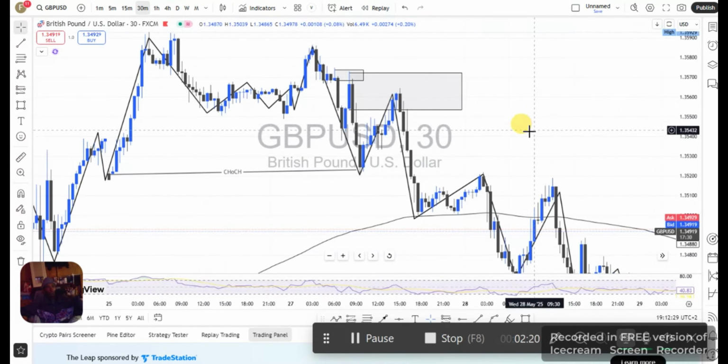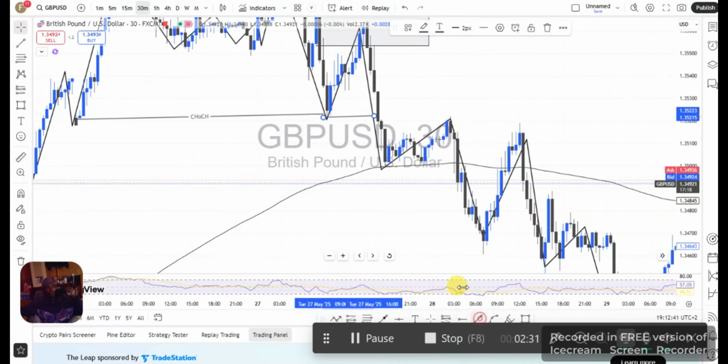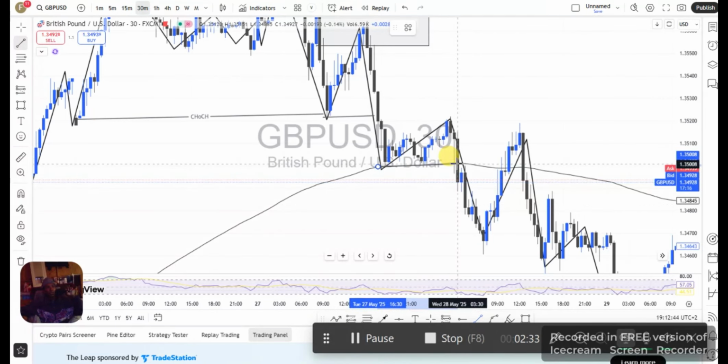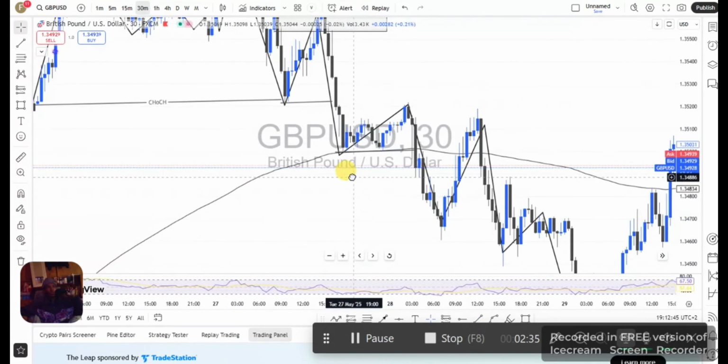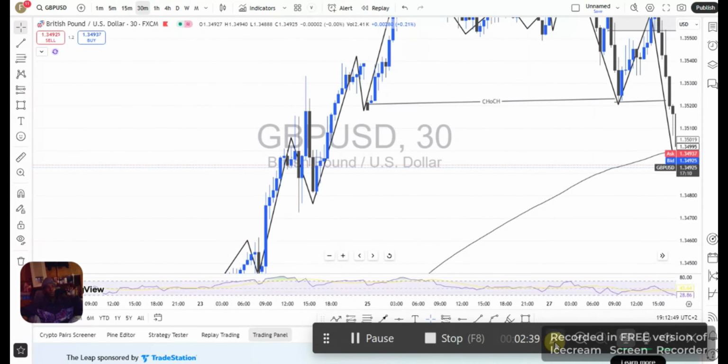So the truth is, after that we create the break of structures going straight to the downside, right? Even on the uptrending movement, we get our break of structures.